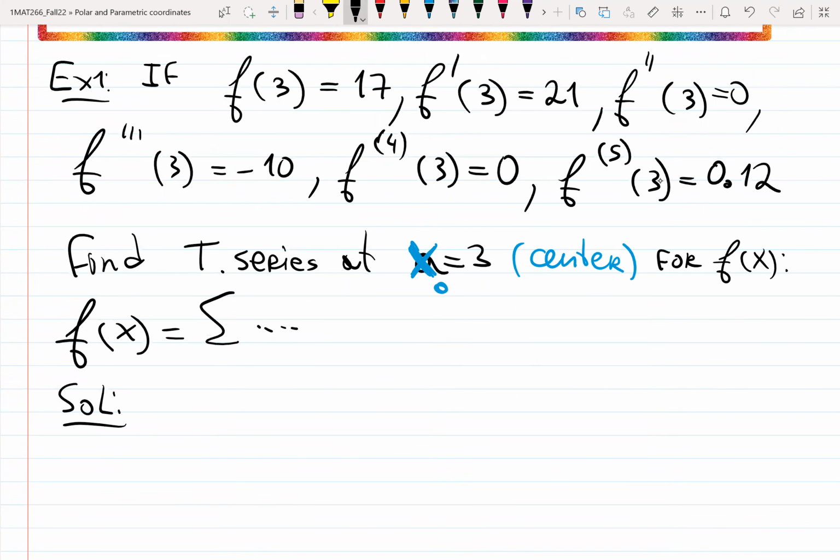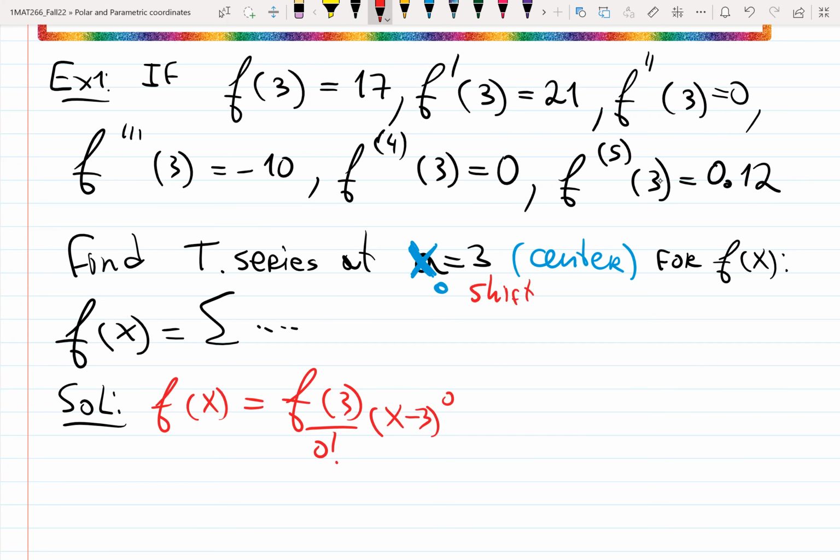Solution. We know the formula. Maybe write it down again. f of x is, first, the original function at 3 divided by 0 factorial, (x minus 3) to the 0. 3 is the center, so you have a shift. The moment you have a non-zero center, that represents a shift. That's a Taylor series.